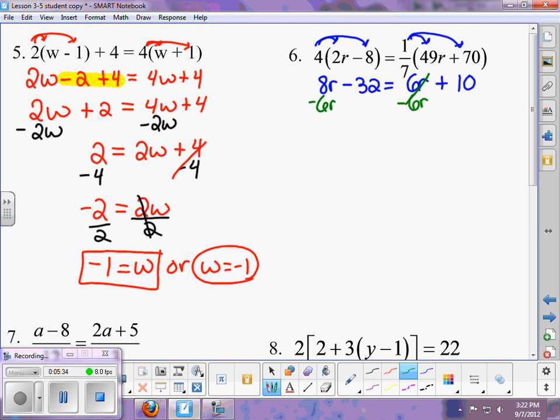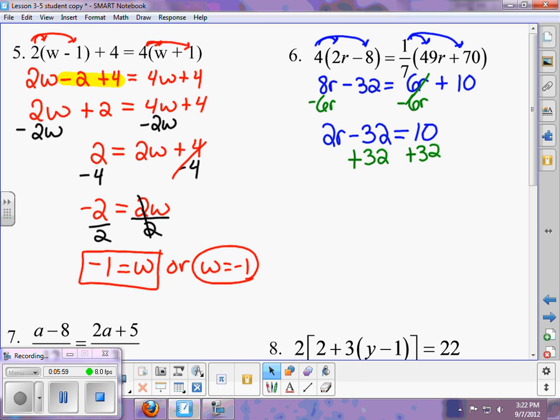8r minus 7r would be r. So on the left now is r minus 32 equals, what's left on the right side is positive 10. Get rid of the 32 next. The opposite of subtracting 32 is add 32 to the left and add 32 to the right.